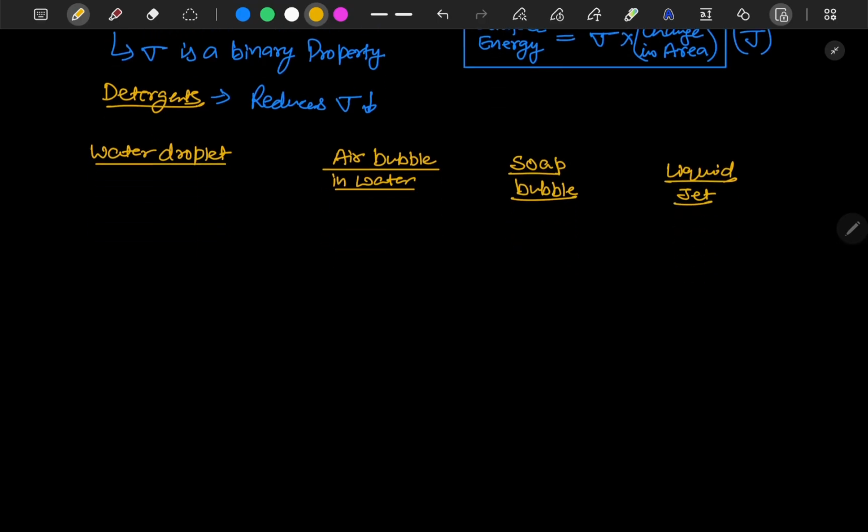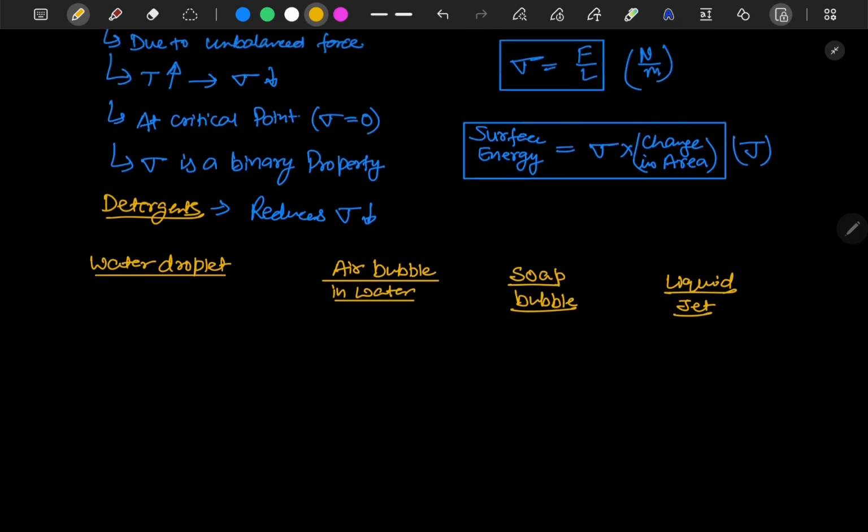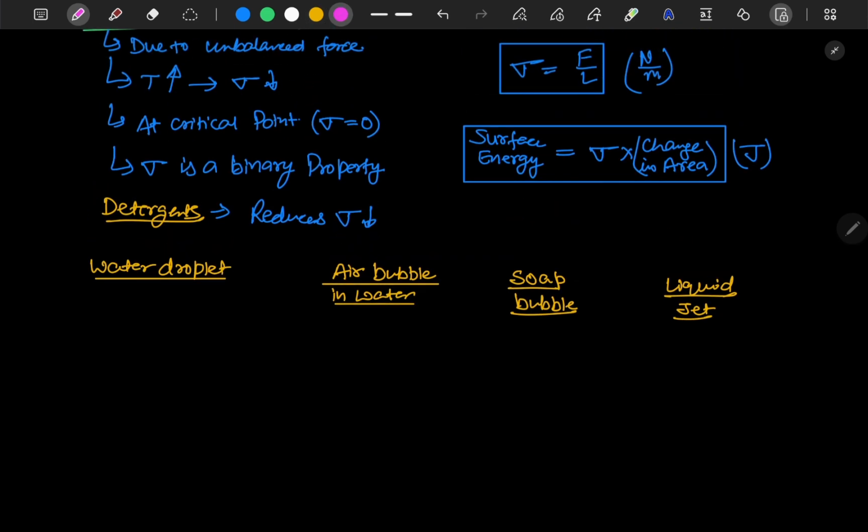Let me write a relation before. The P inside minus P outside of any curved surface is given by 2 sigma times 1 by R1 plus 1 by R2. So this is the relation.